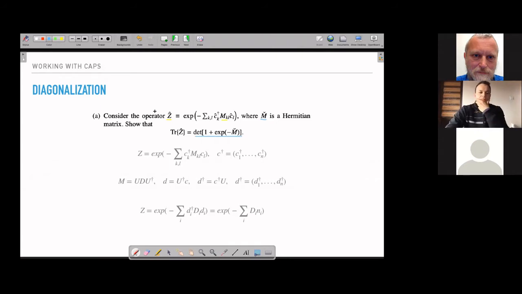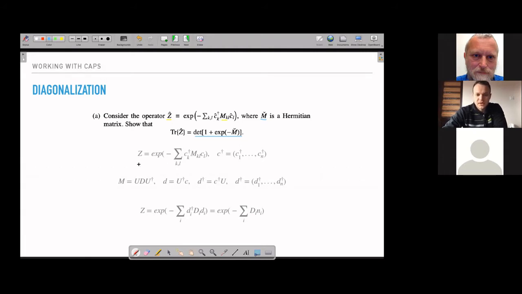There is a hint given in the text that one should consider diagonalizing the matrix M, because M is Hermitian, it's diagonalizable by a unitary transformation.